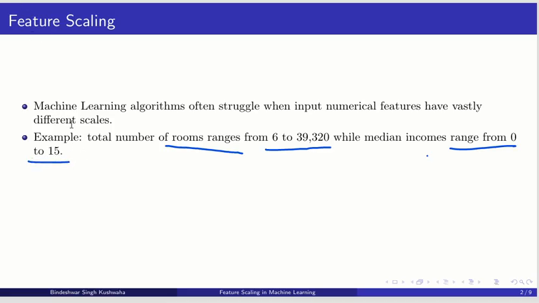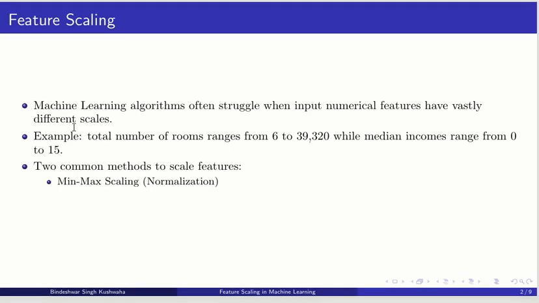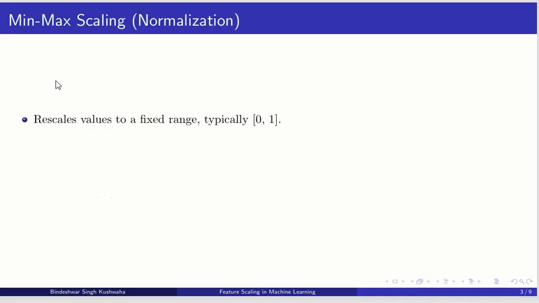So you can see that both features have different scales. To deal with this, there are commonly two methods, that is min-max scaling, also called normalization, and the second one is standardization. We will learn and also implement them in Python.